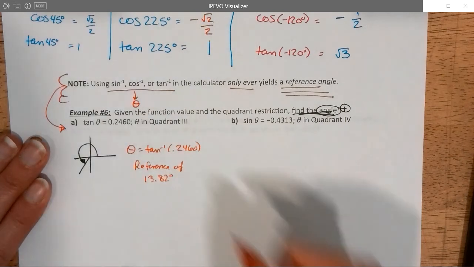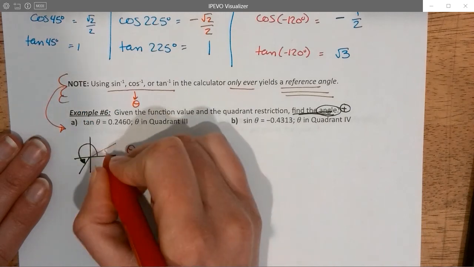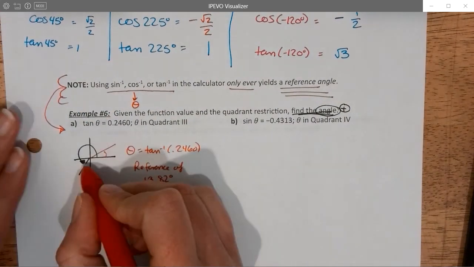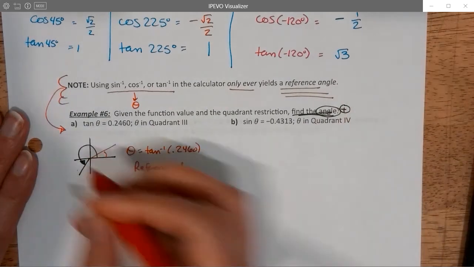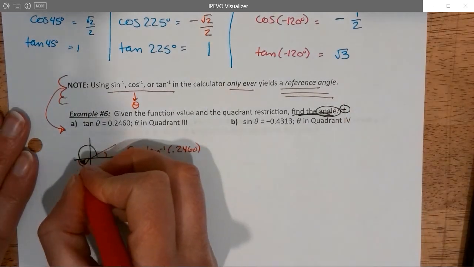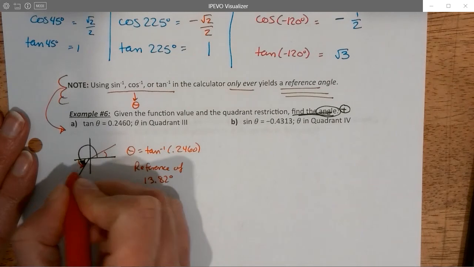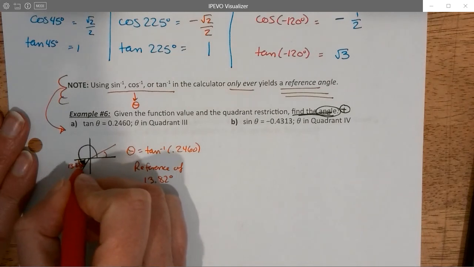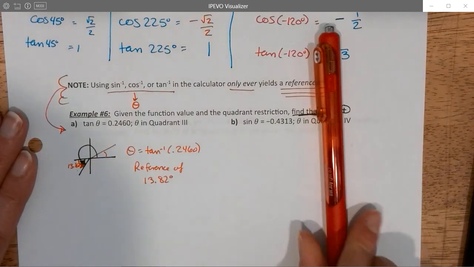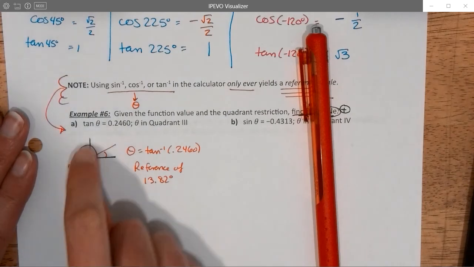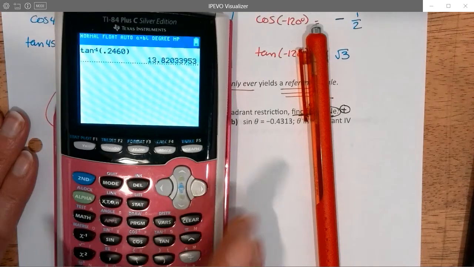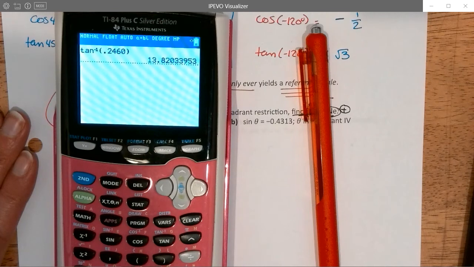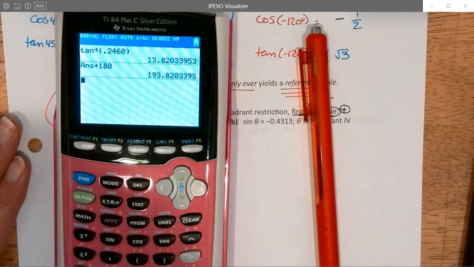Now, 13.82 degrees is in quadrant 1. This angle is in quadrant 3. That means that this measure past 180 has to be 13.82 degrees. So the full angle, since I know it's in quadrant 3, has to be beyond 180 by that measure. I'm going to add 180 to it to get the actual angle. The actual angle is 193.82.